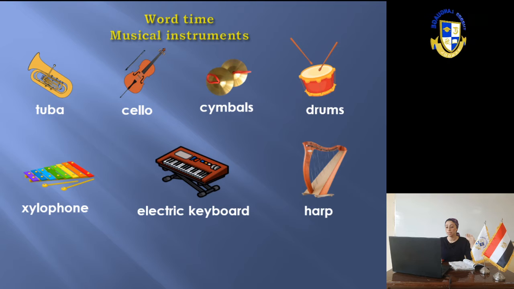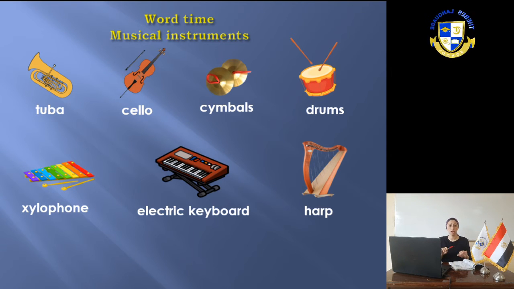Okay, so let's see what we are having here. Tuba, cello, cymbals, drums, xylophone, electric keyboard, and please pay attention to this difference. Electric keyboard here means something like the organ.